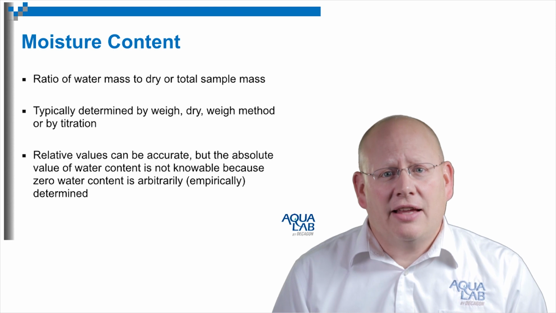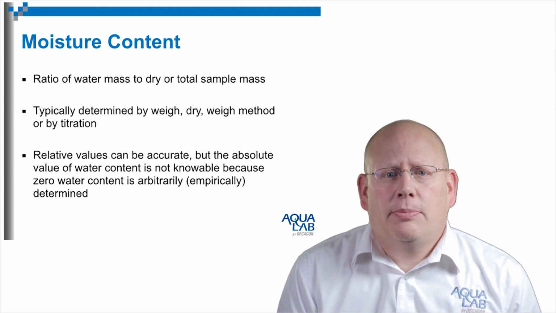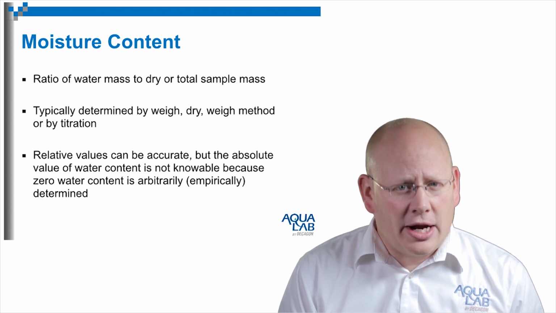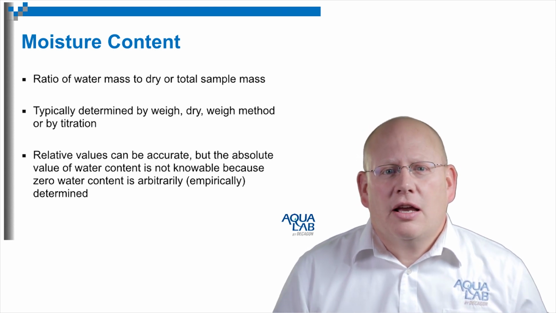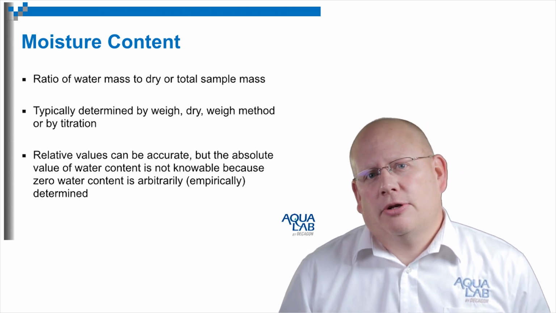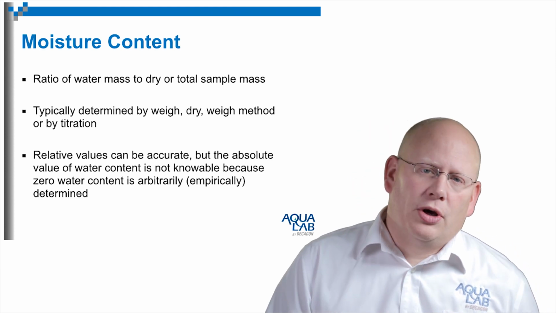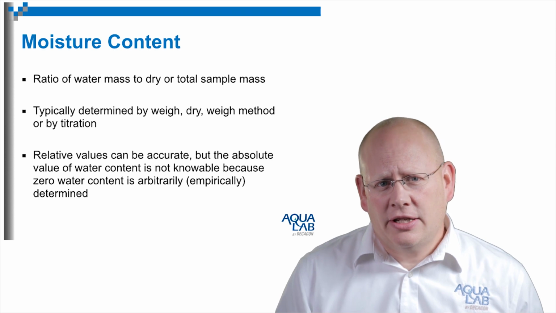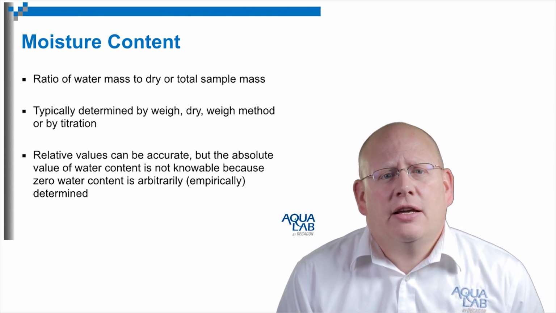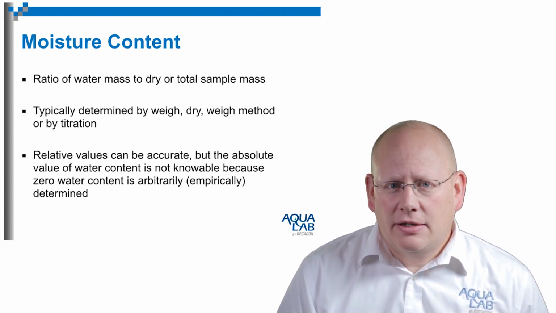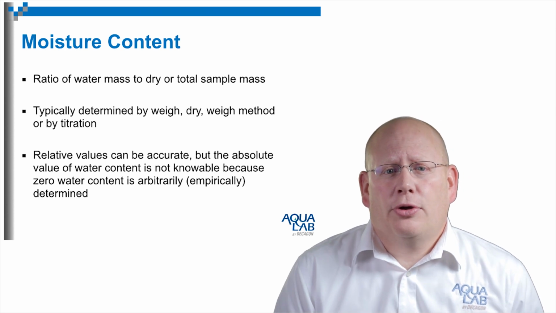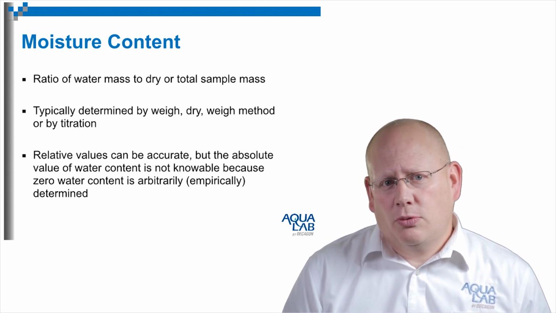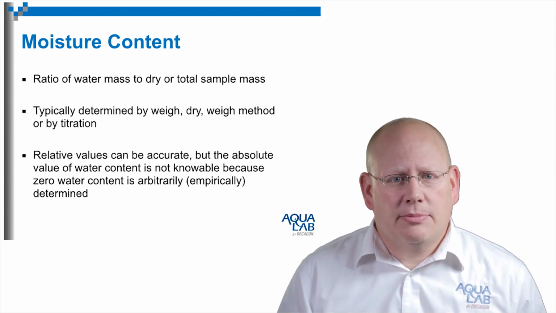And so all values are empirically derived, and there is no way of figuring out whether the value is correct or not, because it's impossible to figure out whether it's right if you don't know what the target is. So in terms of accuracy, moisture content values cannot be determined for their accuracy. Accuracy being whether you actually hit the bullseye, because without knowing where the bullseye is, it's impossible to know if you've actually hit it.